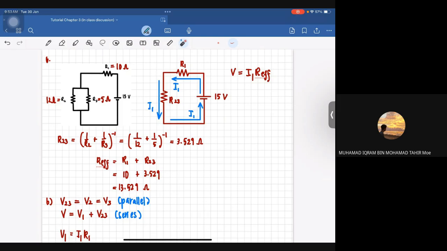Boleh. Kenapa boleh? Sebab sekarang ni, the current yang flow through this circuit adalah a combination of these resistors. Okay, sekiranya kalau kita lukis pun, ni secara lukisan lah. Kalau kita lukis, kita ada effective resistance di sini.